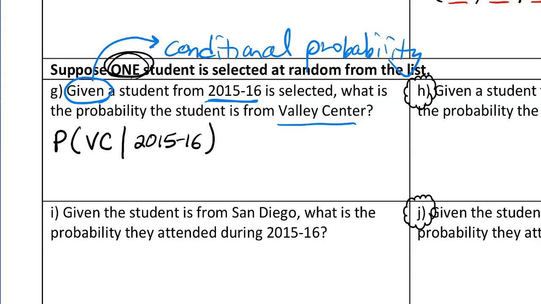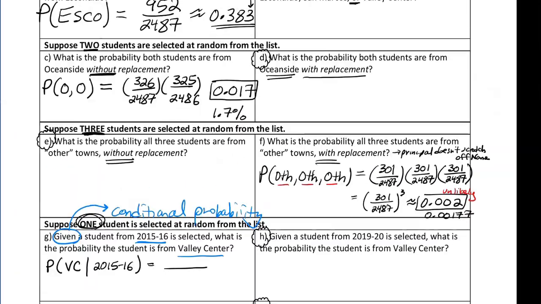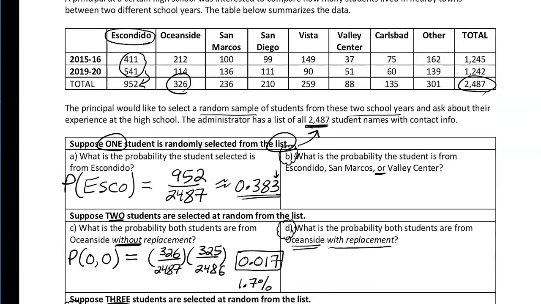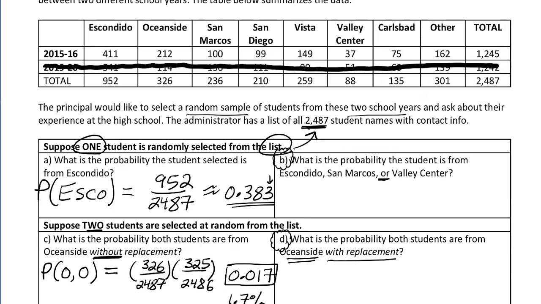The way that we calculate that, it's going to be a fraction still, it's a probability. Your denominator is going to be the given part. So we had given the student is from 2015-16. A good way to do it, though I wouldn't really recommend doing this on your paper, is to cross out all the numbers that are not 2015-16 numbers.